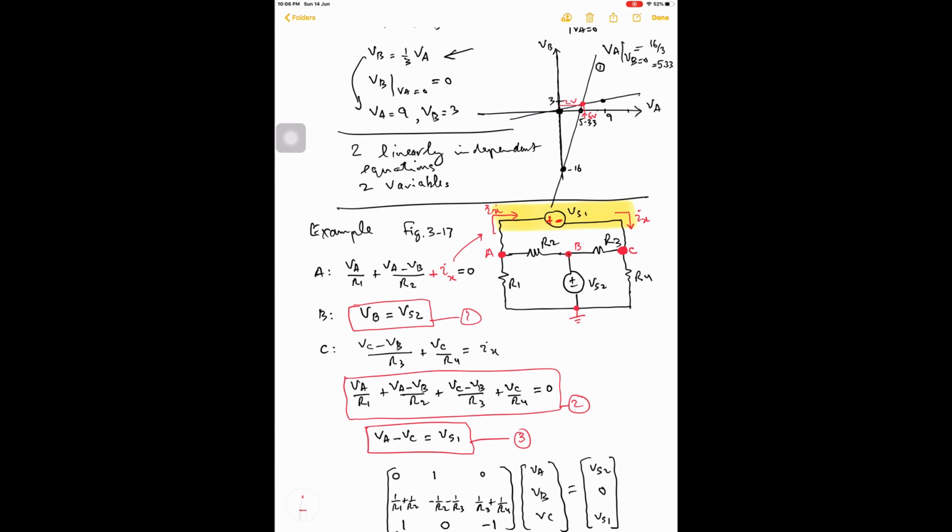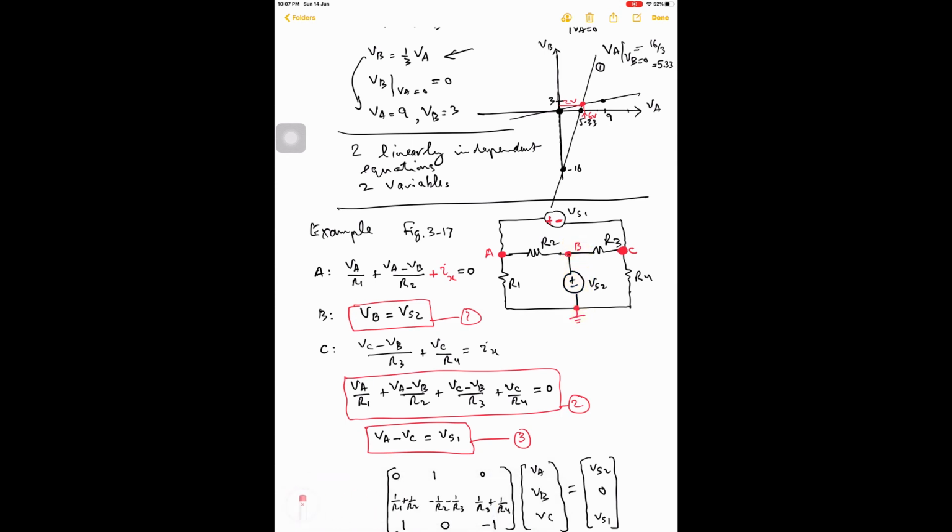So this is one method of applying node voltage analysis in circuits where we have a voltage source between two non-reference or non-ground nodes. If a voltage source appears between a node and a ground node, the case is very simple. The voltage at this node is directly shown over here. So VB is equal to VS2.